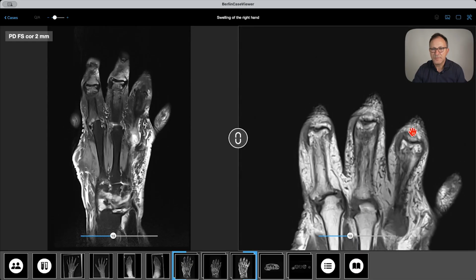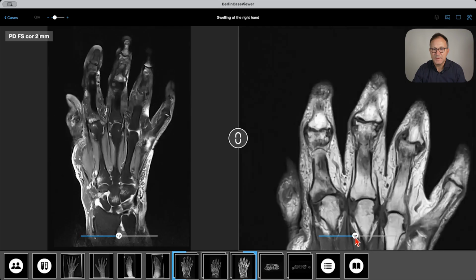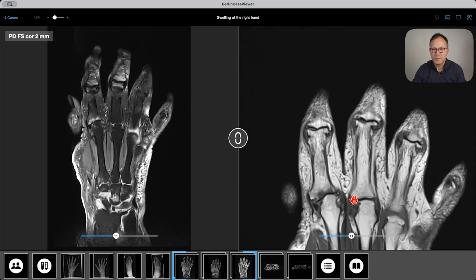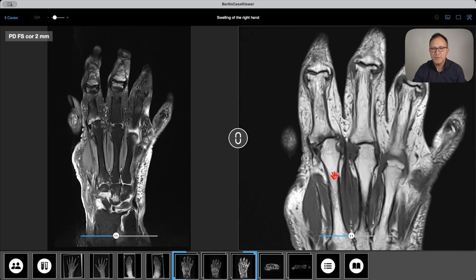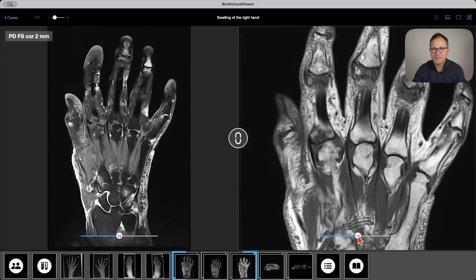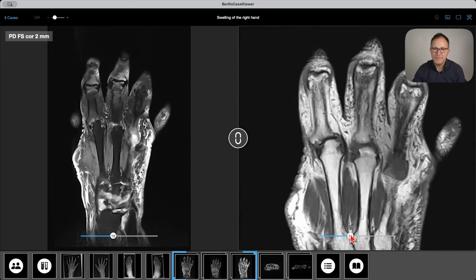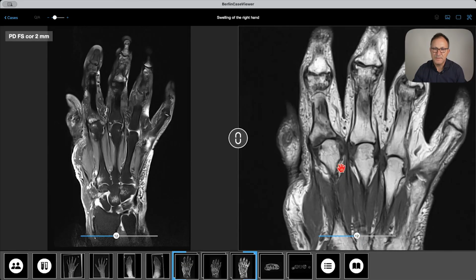There's a little bit of capsular thickening over here in the PIP joints. And then we also see synovial hypertrophy in the MCP joints, and there's subluxation over here. And we might also see some erosive defects in the MCP joint on the second ray.